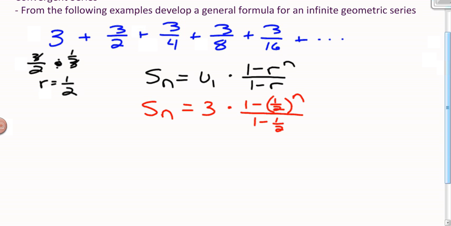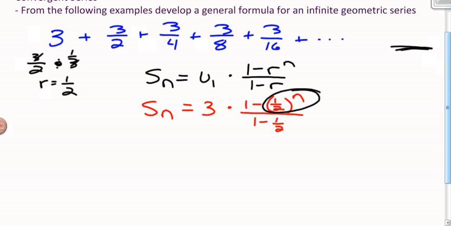Now what ends up happening is when n gets really, really big, once I've gone out to like 1,000,000 places, I've added up 1,000,000 terms. What's my 1,000,000th term in the sequence? 1/2 times itself 1,000,000 times.